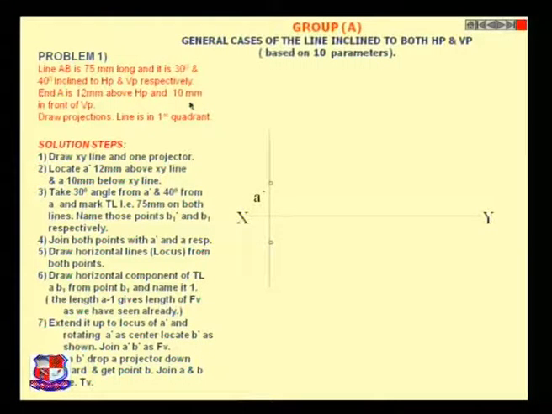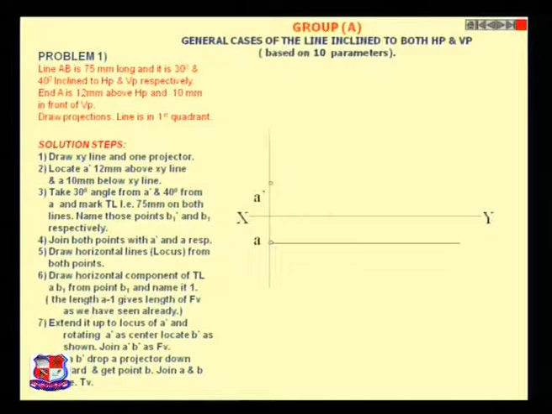Another location is given as 10 mm in front of VP, which means that we take the point 10 mm below the XY line, naming it point A.